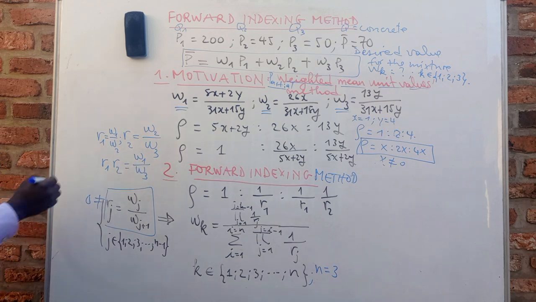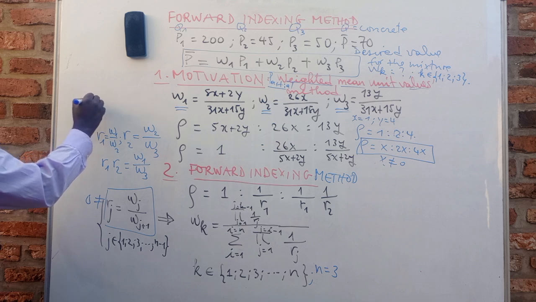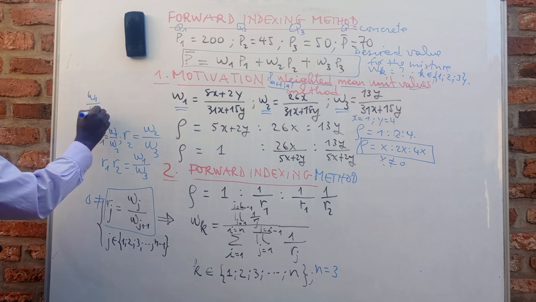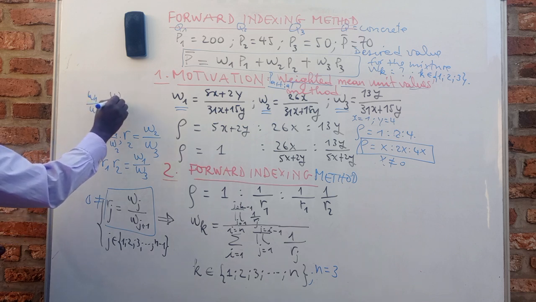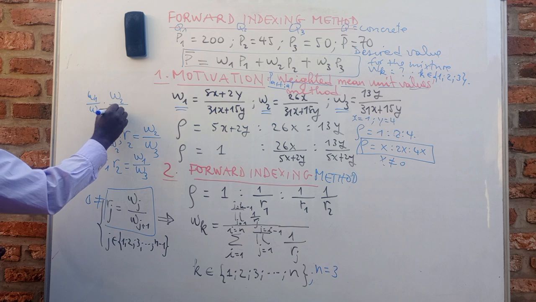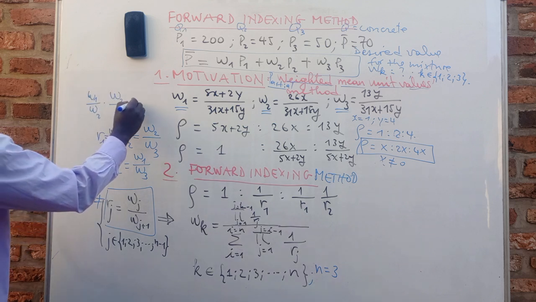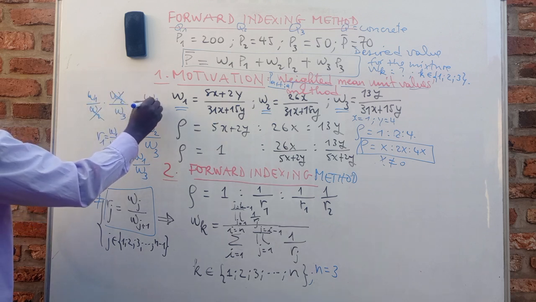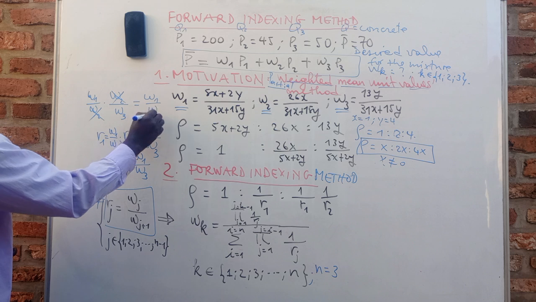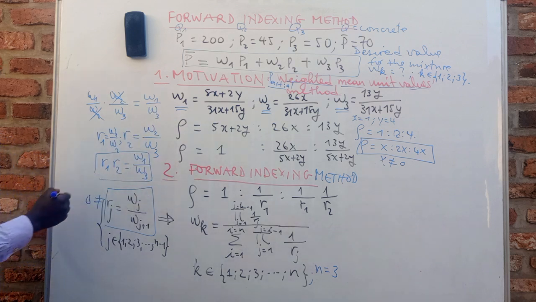We can verify: omega 1 over omega 2, the first ratio, multiplied by omega 2 over omega 3, the second ratio, simplifies to omega 1 over omega 3, which is the product of the two ratios.